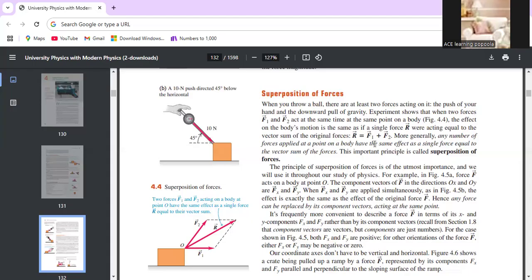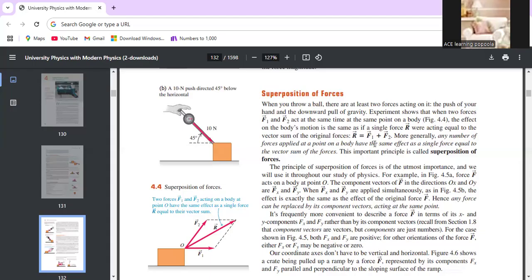When these two forces act at the same time and at the same point on the body, the effect on the body's motion will be the same as if a single force called a resultant force were to act on that ball.